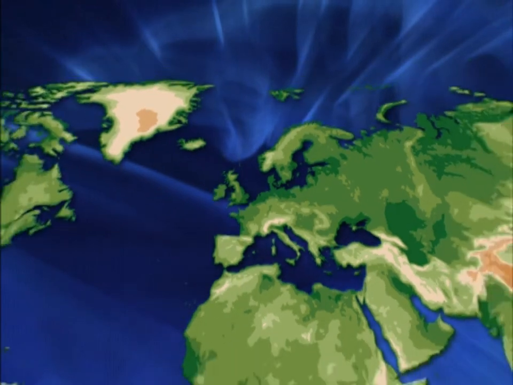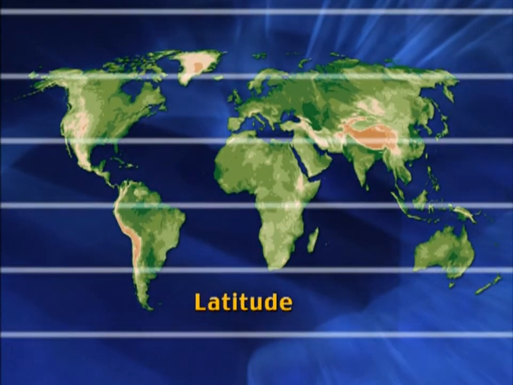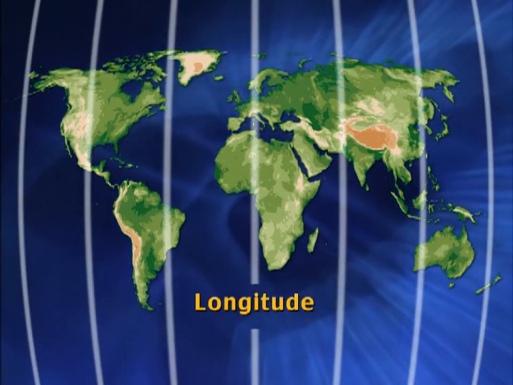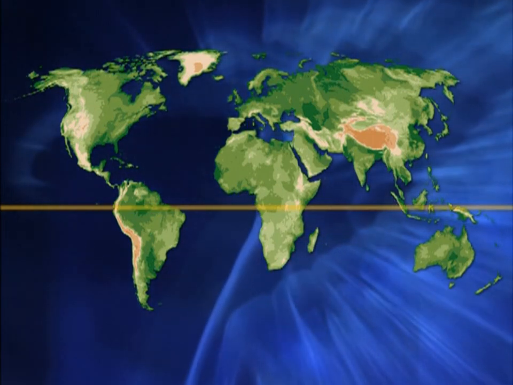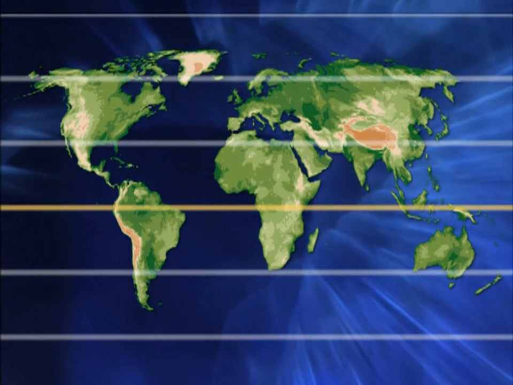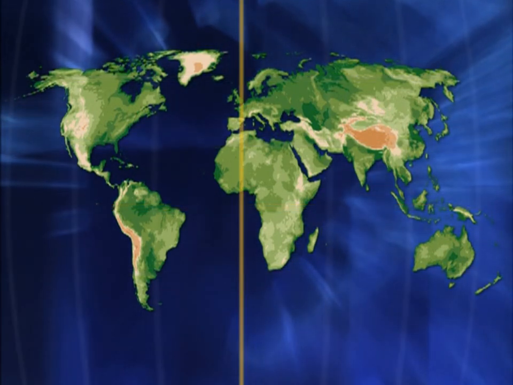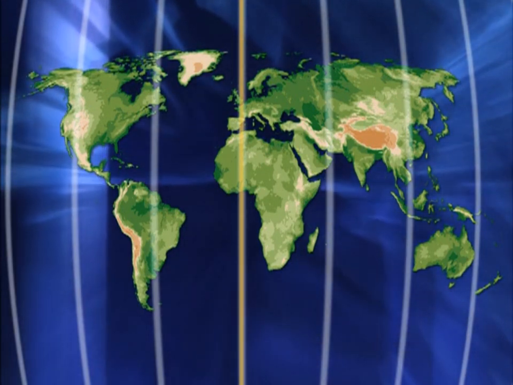To pinpoint an exact location anywhere on the Earth, geographers used the imaginary lines of latitude and lines of longitude. Lines of latitude measure the distance north and south of the equator. Each line is parallel to the equator, so they are called parallels. Lines of longitude measure the distance east and west of the prime meridian, so they are called meridians.